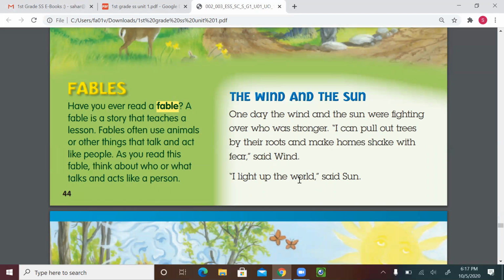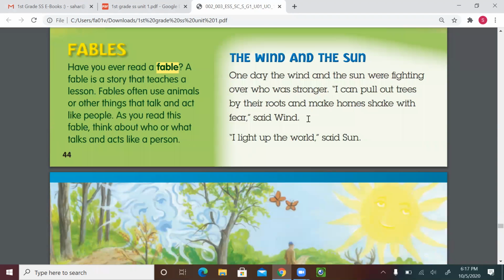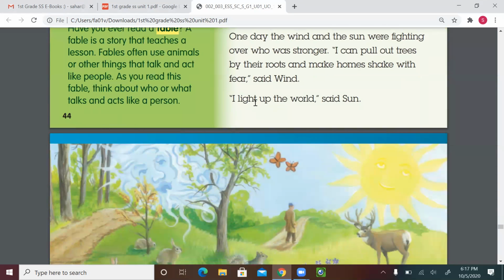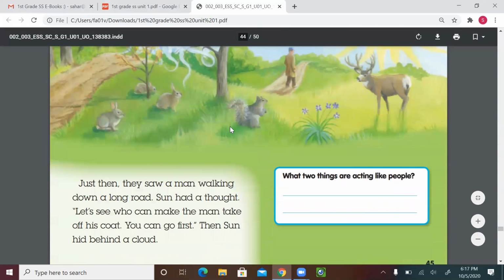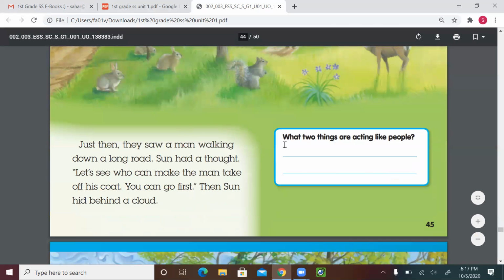Both act like people. And we can tell this when they both were talking or fighting or trying their best to win, as people do sometimes. Okay, so the two things acting like people are the sun and the wind.